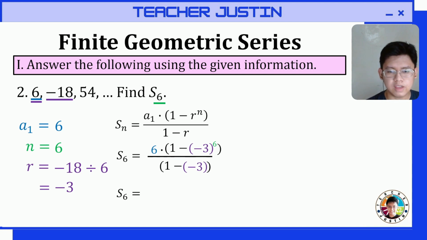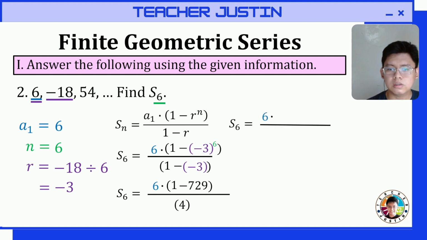Now, let's simplify. We will have S sub 6 is equal to 6 times 1 minus 729 all over 1 minus negative 3, which will be 4. Then, subtract 1 and 729. That will give us 6 times negative 728 all over 4.